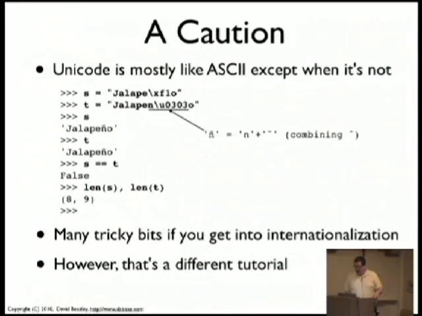Now, I do need to make you aware that in saying Unicode is like ASCII, I've probably committed some huge egregious faux pas in the Unicode community. You really need to be aware that Unicode is like ASCII, except when it's not like ASCII.